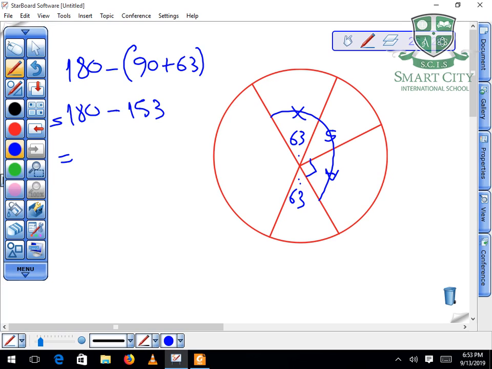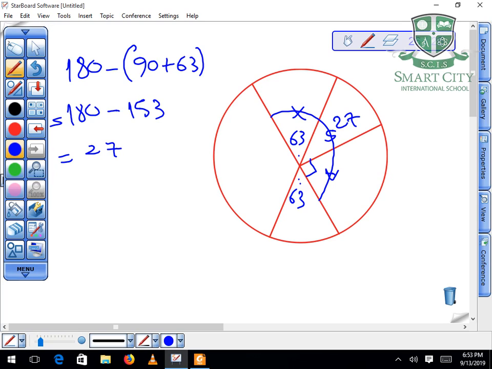Yes, it will be 27. So this one is 27, then 63 and 90, and then 63.